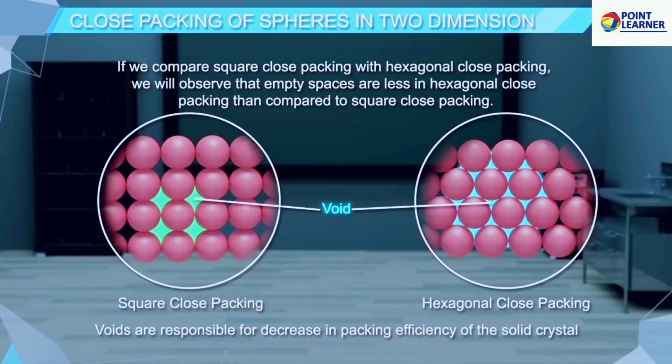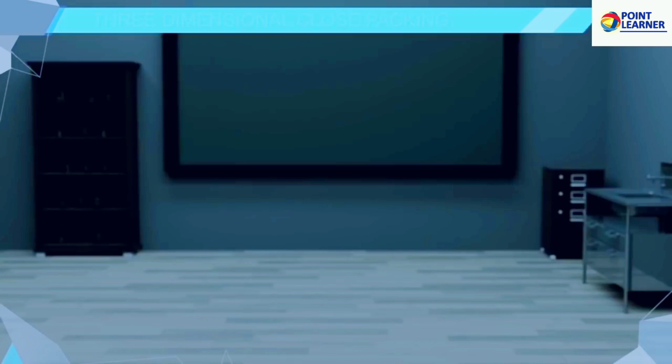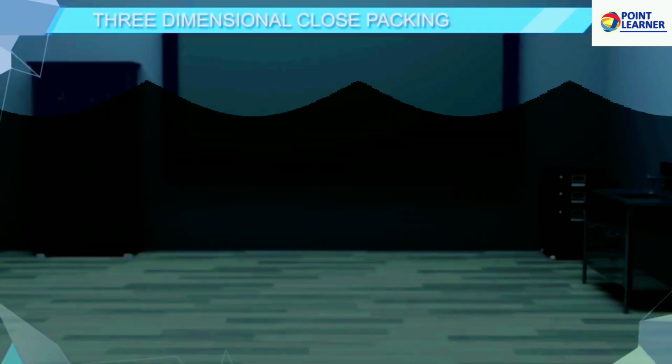The more the number of voids, the less is the packing efficiency of the crystal. Now, you must be wondering what is meant by packing efficiency. We will discuss this in a later part of the section. Now let us study close packing in 3 dimensions.